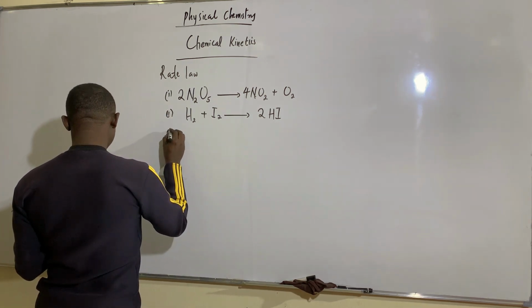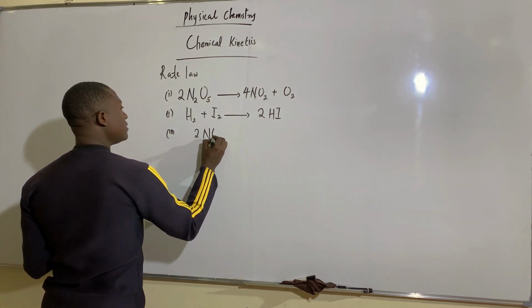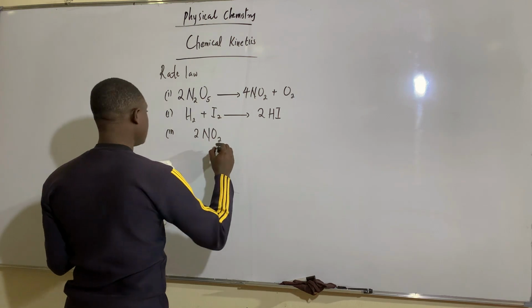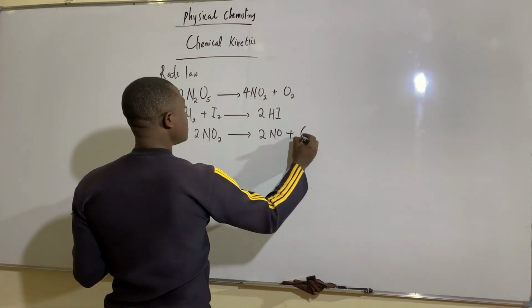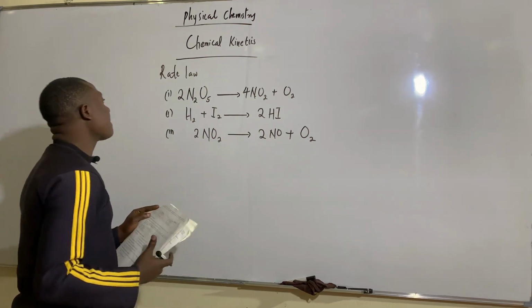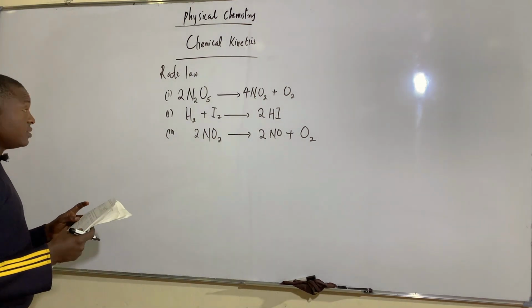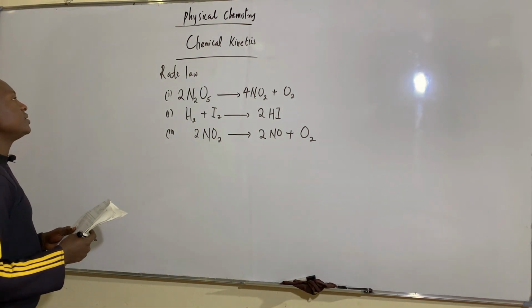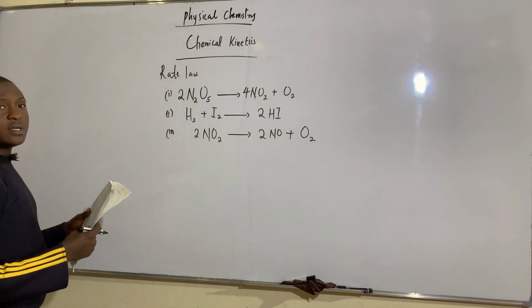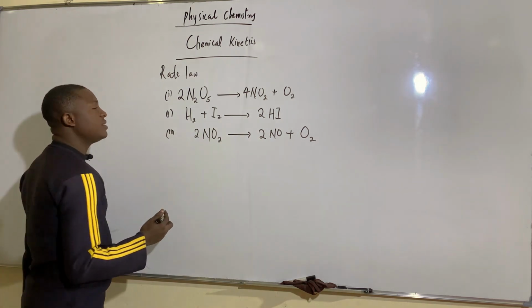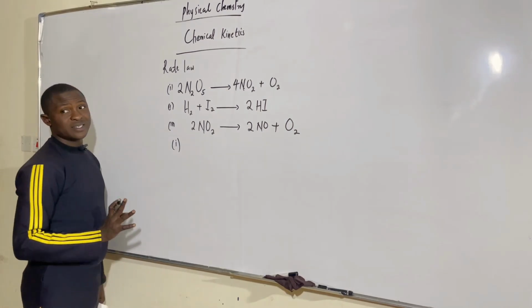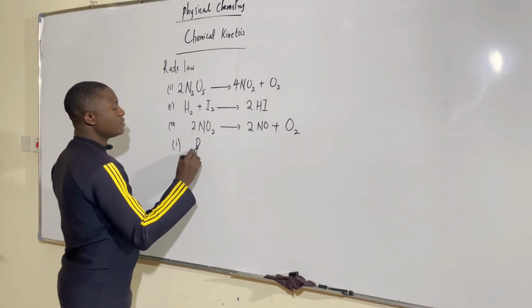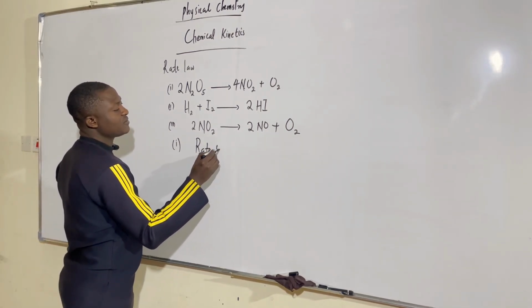The third one. So look at the first one. We are asked to write the rate law for this. How are we going to write that? I told you anything you are writing for the rate law is based on what we have at the reactant. So the rate law for this is very simple and straightforward.